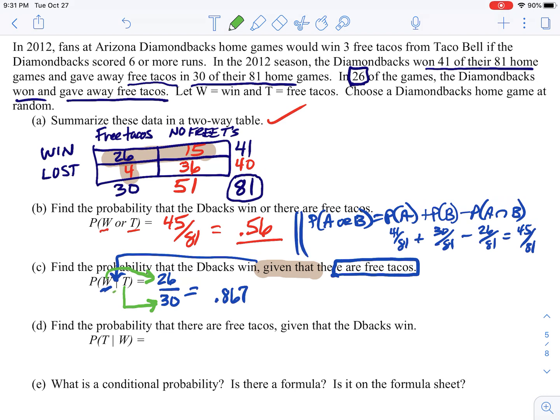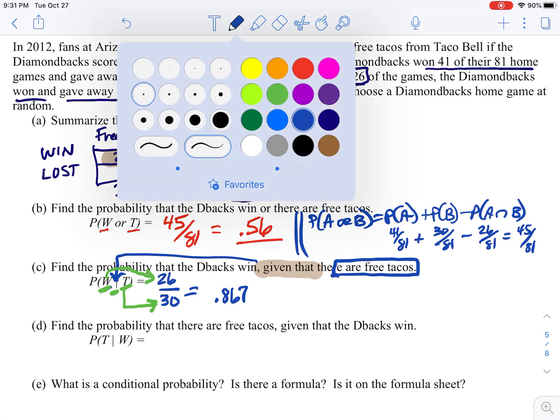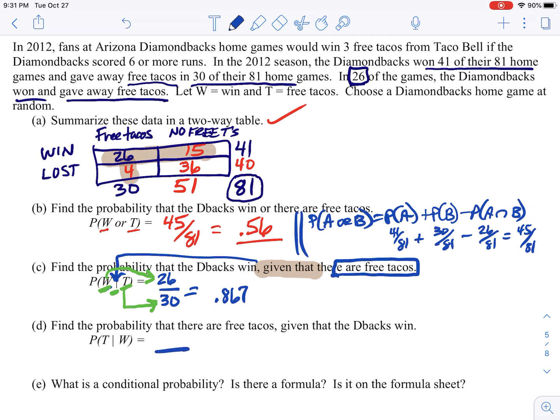So that little symbol in the middle there, that vertical symbol, you could almost consider that to be a fraction bar because the numerator comes from the first count and the denominator comes from the second count. And it becomes a fraction that you turn into a decimal or a percentage. So that would be a really easy way to figure out probabilities when you have a condition involved. You just look at the denominator first.